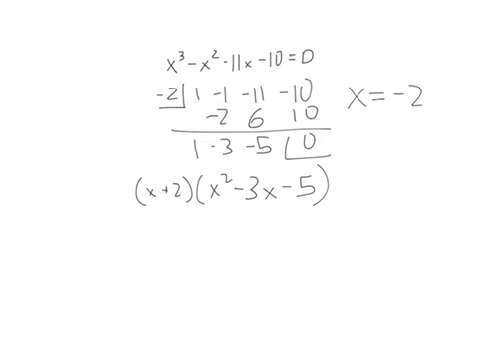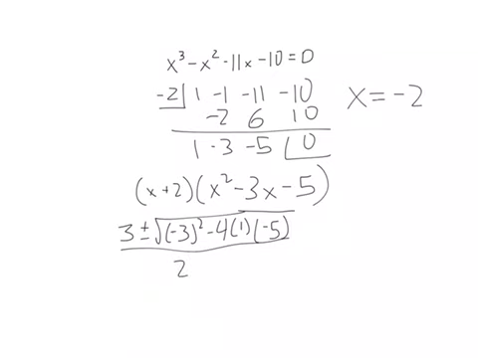So that is going to be negative b is positive 3 plus or minus the square root of b squared, so negative 3 squared minus 4ac, so 4 times 1 times negative 5, all over 2 times a, which is positive 1.